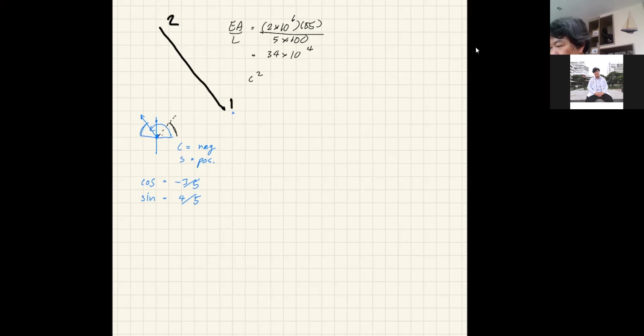Cosine square, despite cosine being negative, still turns out to be positive, so it's 9 over 25. But sine cosine is going to be negative this time, so it's minus 12 over 25. And then sine square again is 16 over 25.